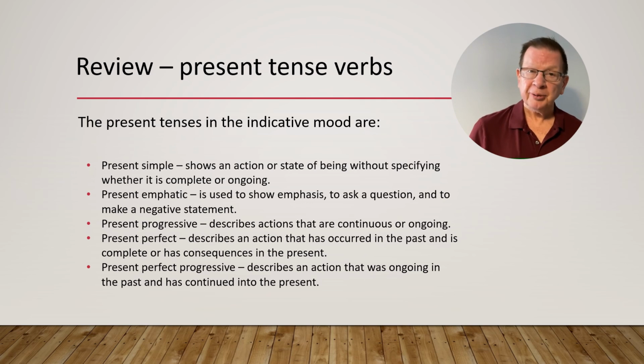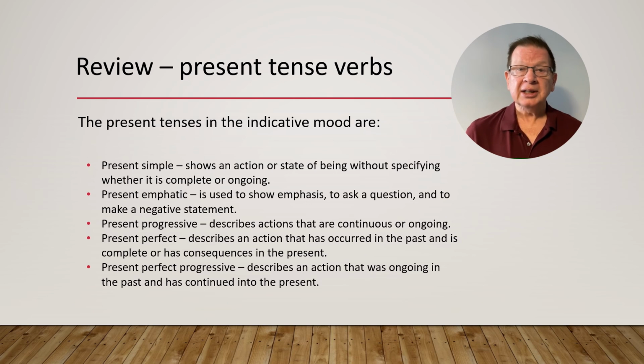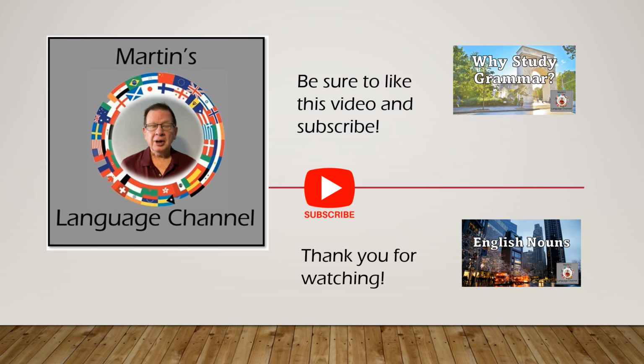The present perfect tense describes an action that has occurred in the past and is complete or has consequences in the present. The present perfect progressive tense describes an action that was ongoing in the past and has continued into the present. So that wraps it up for today's video on the present tenses of English verbs.